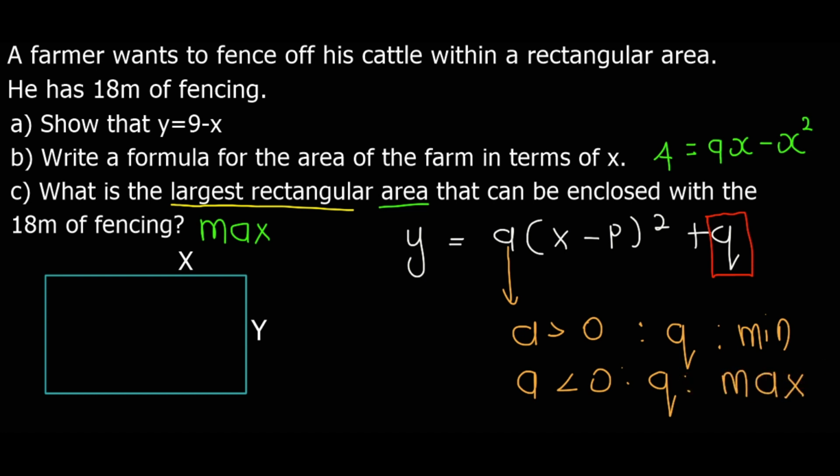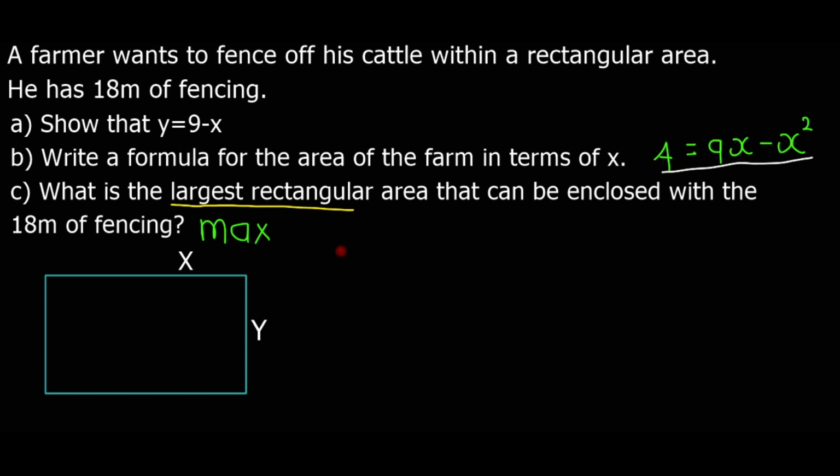So what is important here is that we want to find this q. Step number 1, we will complete the square, because when we complete the square we will have our expression in this form, and then from there we can find the q.